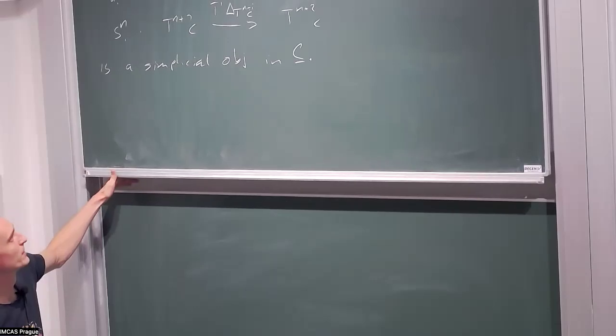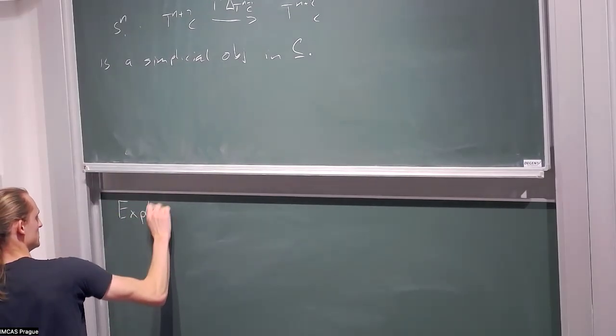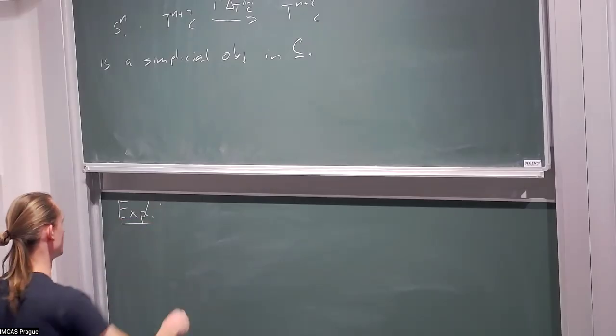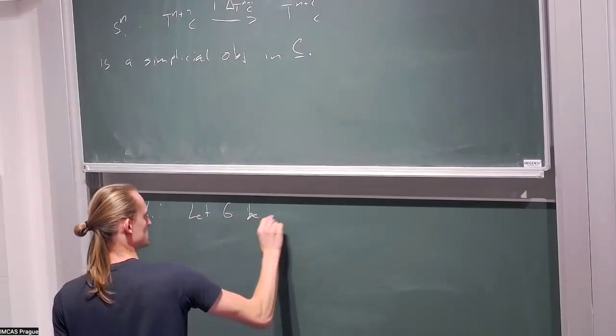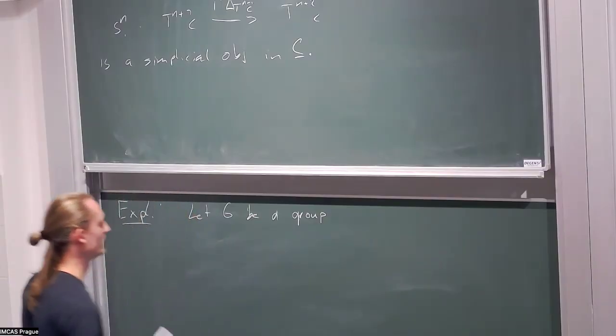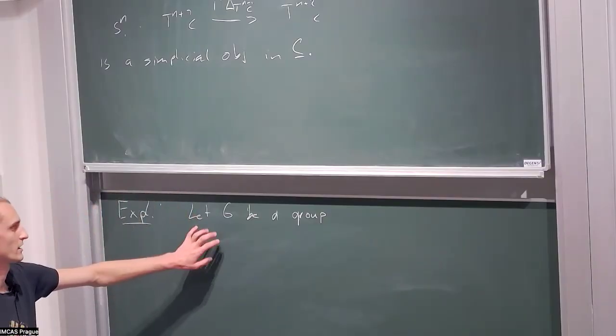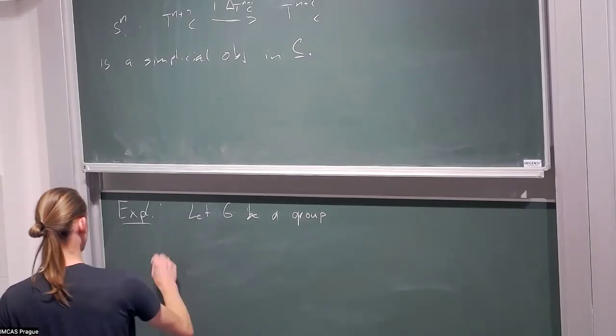Maybe this might be a bit opaque, so let's look at an example. Let G be a group. Then I can write down a comonad on the category of G-sets.